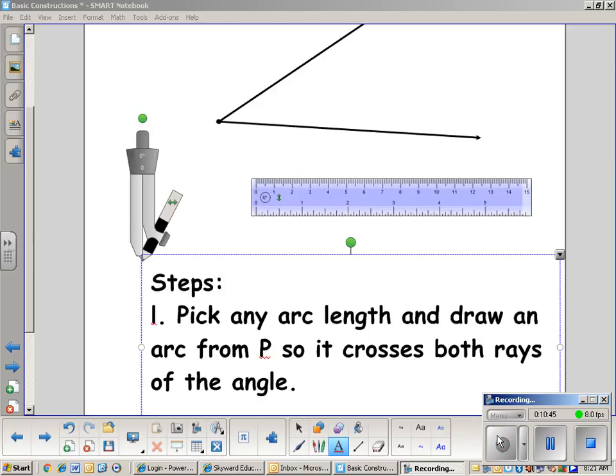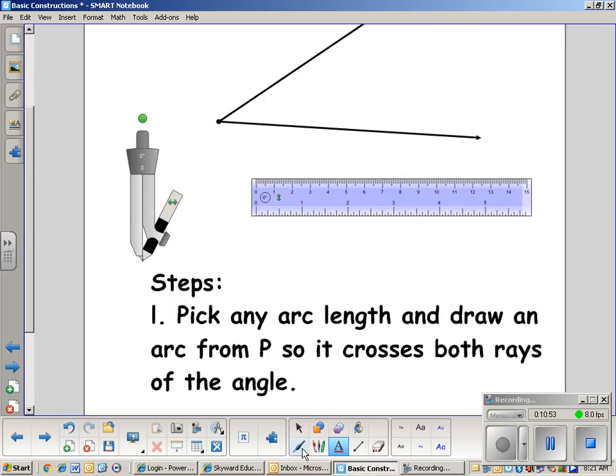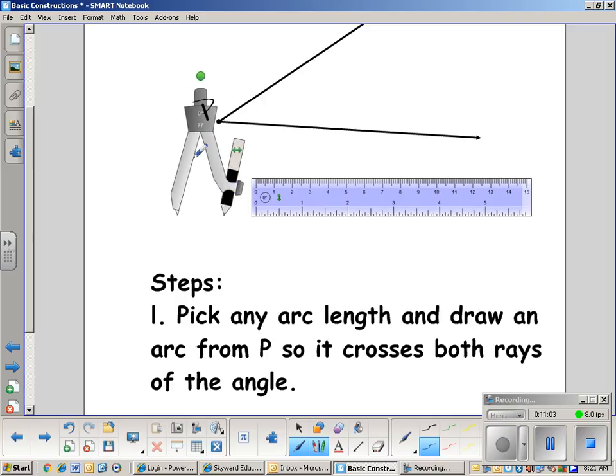So we're going to pick any arc length and draw an arc from P so that it crosses both rays of the angle. And by the way, this was P. Okay? So that's P. And so I'm going to pick any arc length I want.